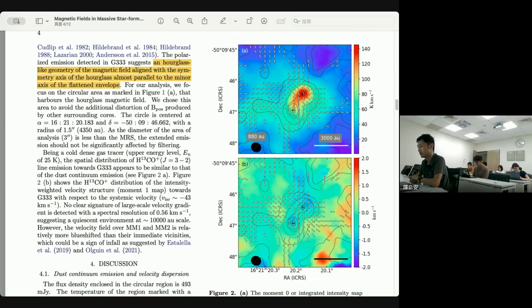So the upper one is the moment zero map, which is the intensity map, and the lower one is the moment one map, which shows the velocity gradient. In these two plots, they see no clear signature of large-scale velocity gradient. The velocity field over MM1 and MM2 is relatively more blue-shifted in this moment one map. So they think that it is maybe a sign of infall motion in these two cores.